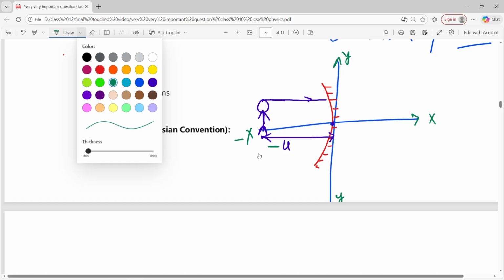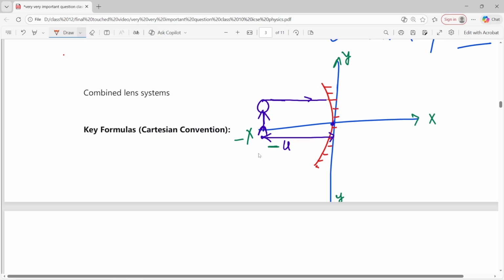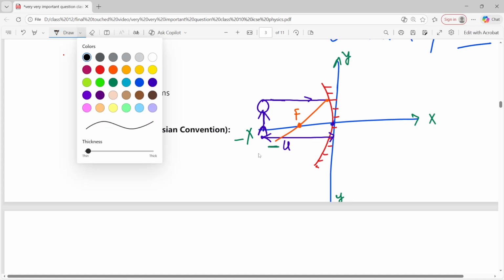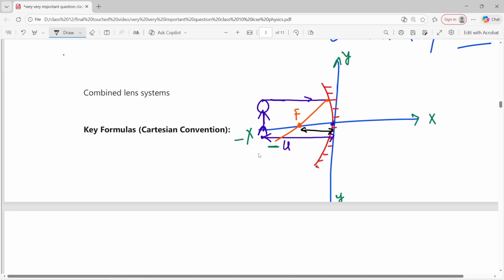If there is a focal length and, after refraction, the ray goes in that direction, that's the focus point and this length is the focal length. So focal length f is also on the negative x-axis, so focal length is also minus.